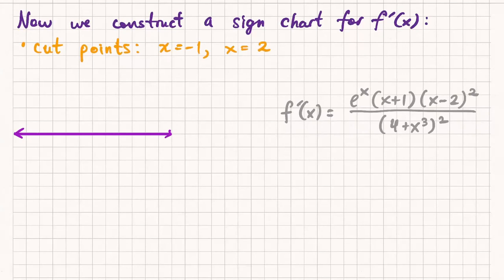You all forgot the vertical asymptote. x equals negative 4 to the 1/3 as well. Negative 1 and 2. Okay, so that means our least one is negative 4 to the 1/3. Then we have negative 1 over here somewhere. Then we have 2 over here somewhere.